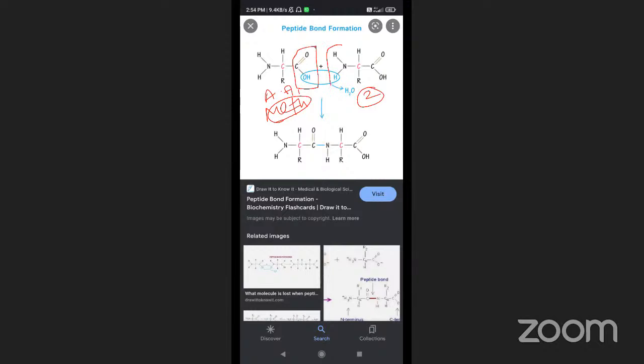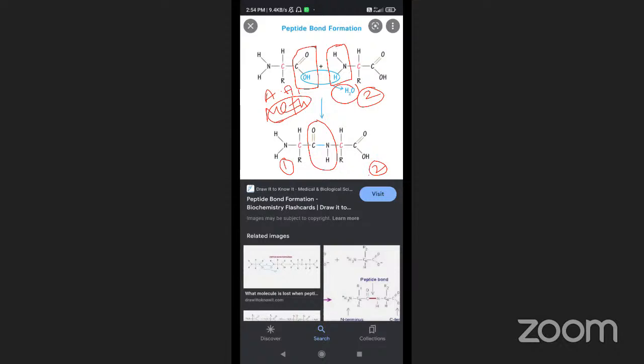The carboxyl OH and the amino H leave in the form of water, removing water and forming a peptide bond between the first and second amino acid. This is the peptide bond.